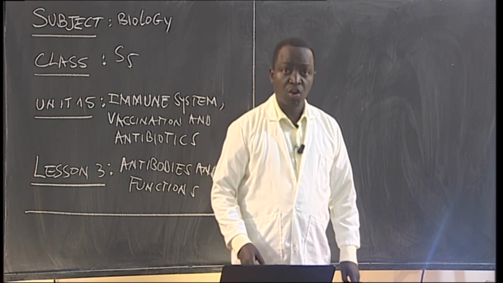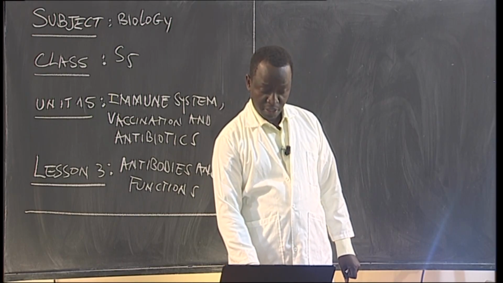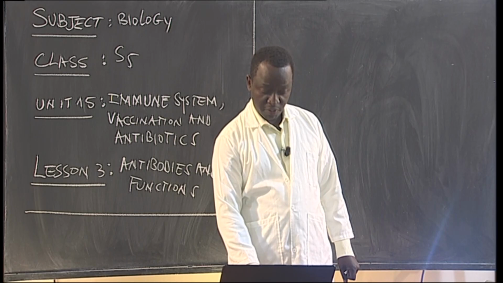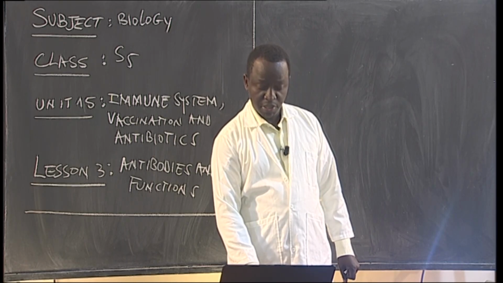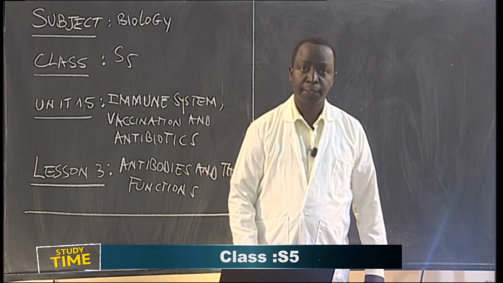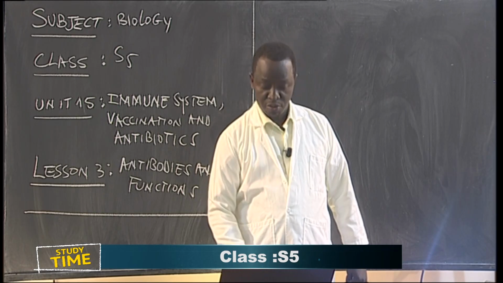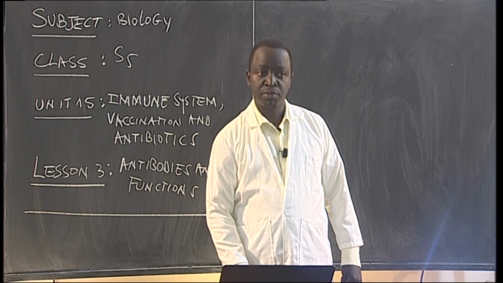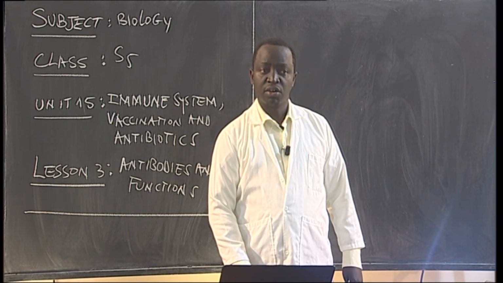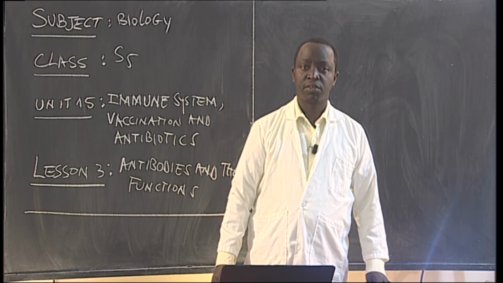So what is the objective of this lesson? At the end of this lesson, you will be able to describe the structure of antibody. And then also you will be able to explain the function of antibodies.